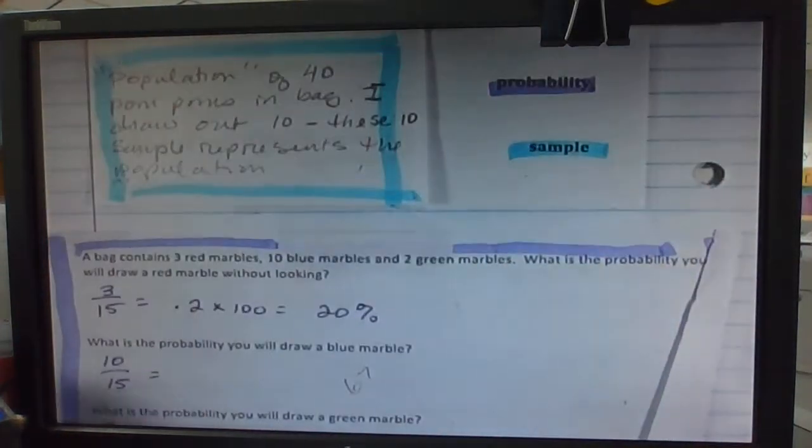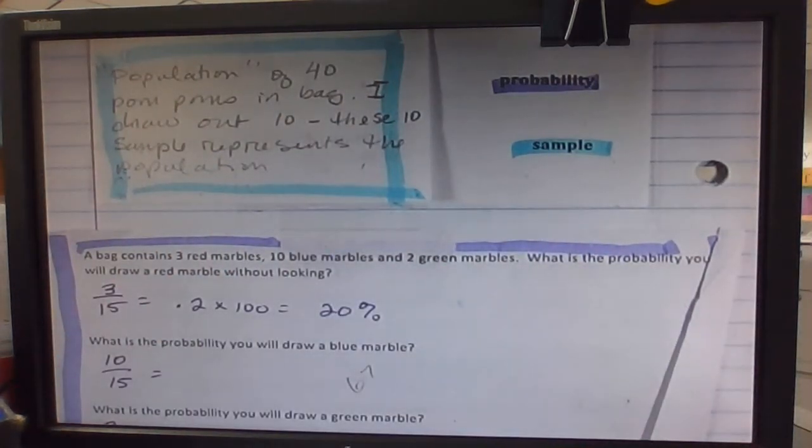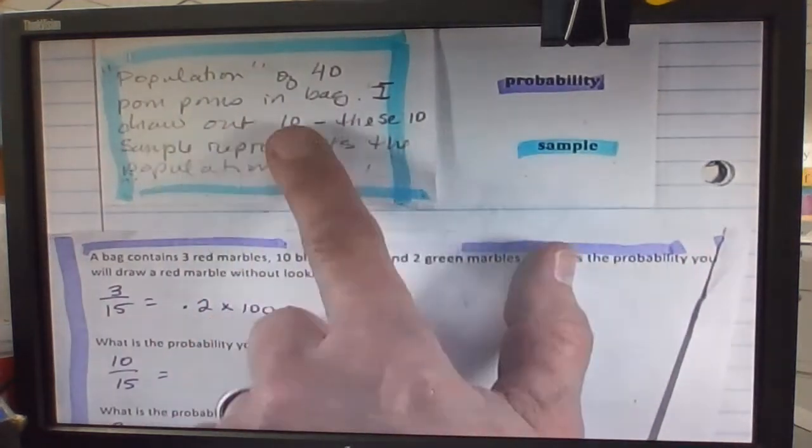So, an example, and this is on the outside door, so I shut the door of my vocabulary. The population of 40 pom-poms in a bag. So I have those little fuzzy pom-poms in a bag, there are 40 of them. I want to take a sample. I draw out 10.